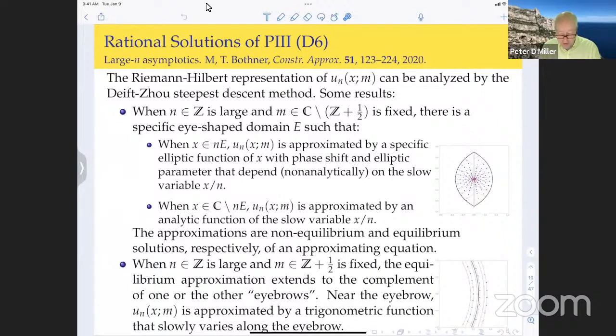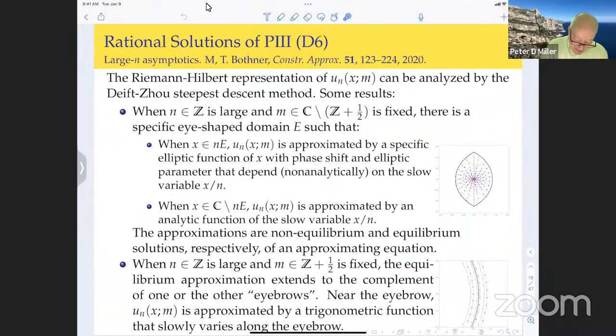So one thing is that when n is a large number, a large integer, and m is not a half integer, and we fix m to be a fixed non-half integer, then there's a certain domain that has the shape of a cat's eye or something like that. You can see it in this picture here. This is the eye that I'm talking about in the complex plane. So that domain is called E.